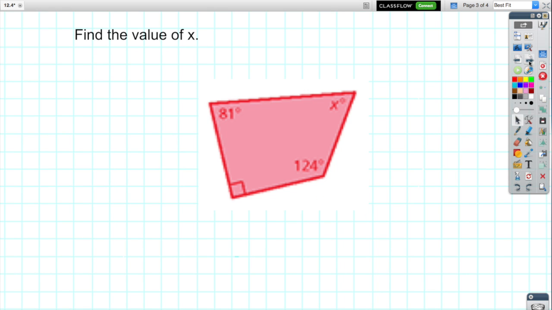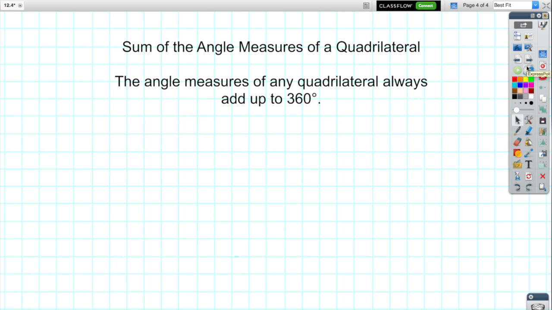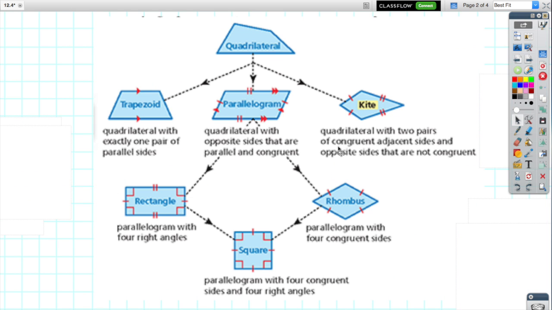Now, the other thing to know, and these are a little out of order here, is that the angle measures of any quadrilateral, the interior angles, always add up to 360 degrees. It doesn't matter which of these shapes I choose, they all add up to 360 degrees on the interior angles.